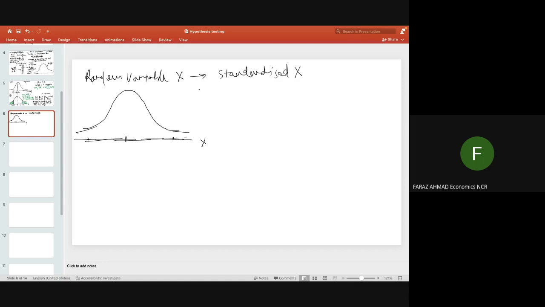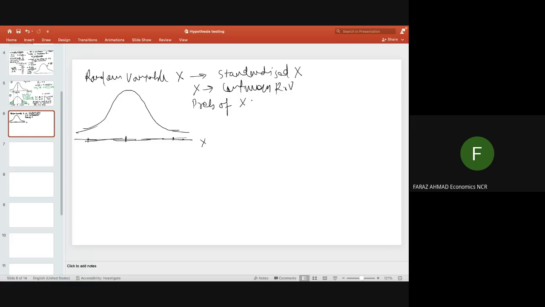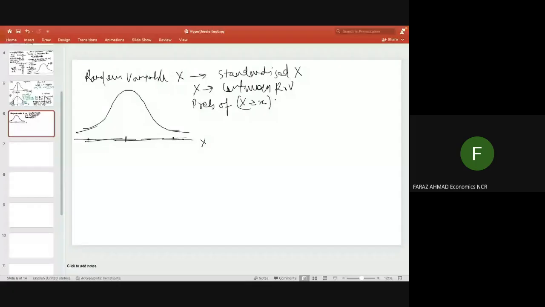If x is a continuous random variable, we can think of the probability of x being greater than or equal to a certain value, small x, to be equal to the area under the curve.